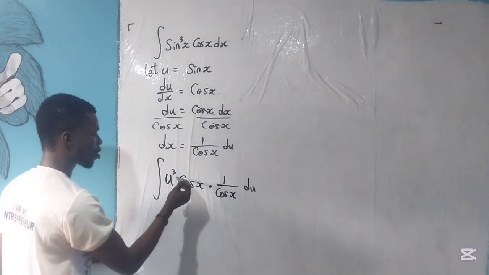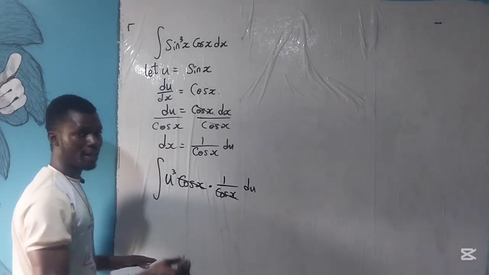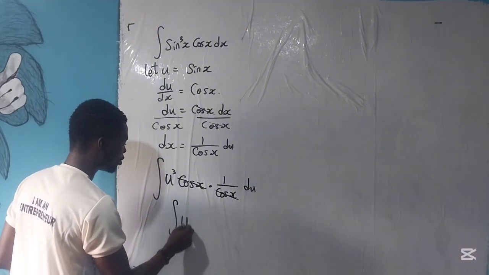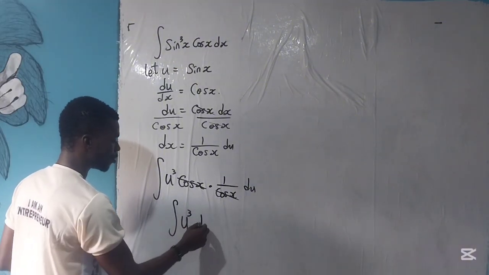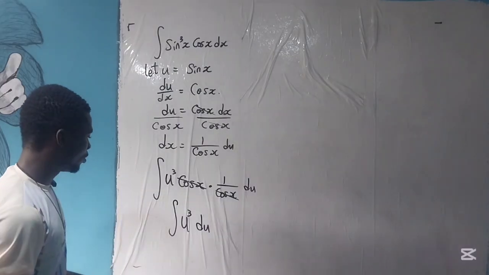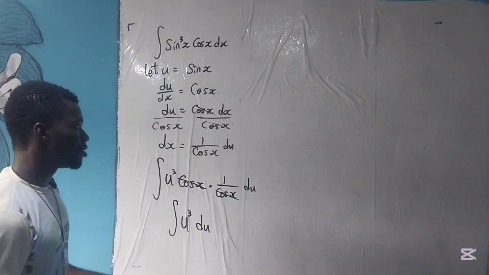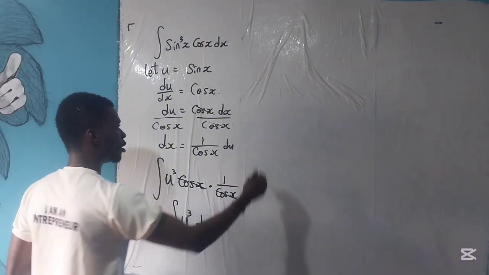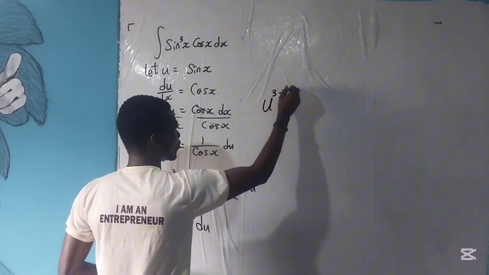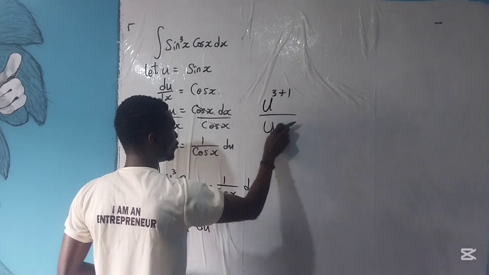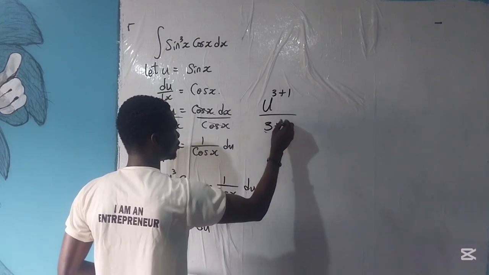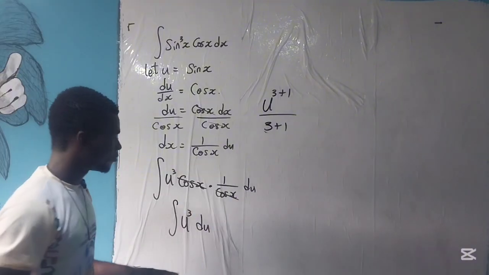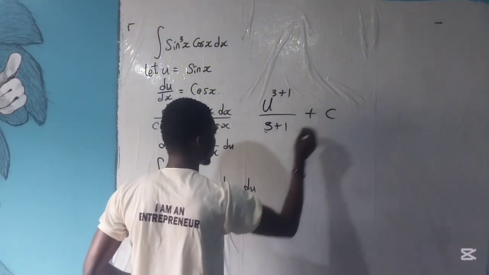In such a way, cos x will cancel cos x, just like cos x over cos x is 1. So we are looking for the integral of u raised to power 3 with respect to u. Now, if we integrate u raised to power 3, according to the laws of integration, add 1 to the power, then divide by the new power. So we have u raised to power 3 plus 1 over 3 plus 1, plus c, plus the constant.